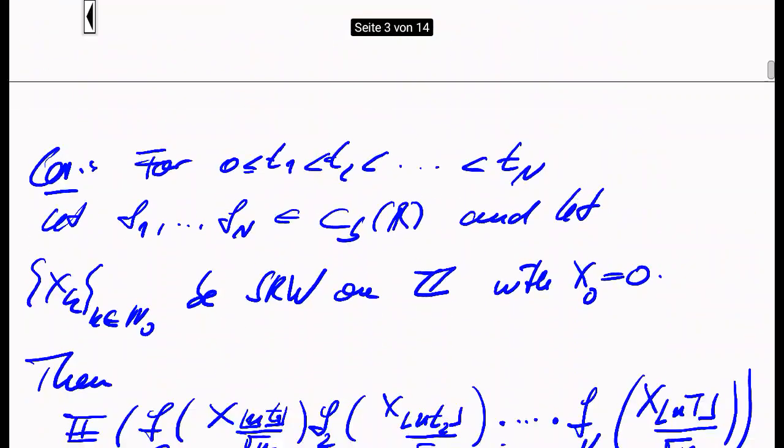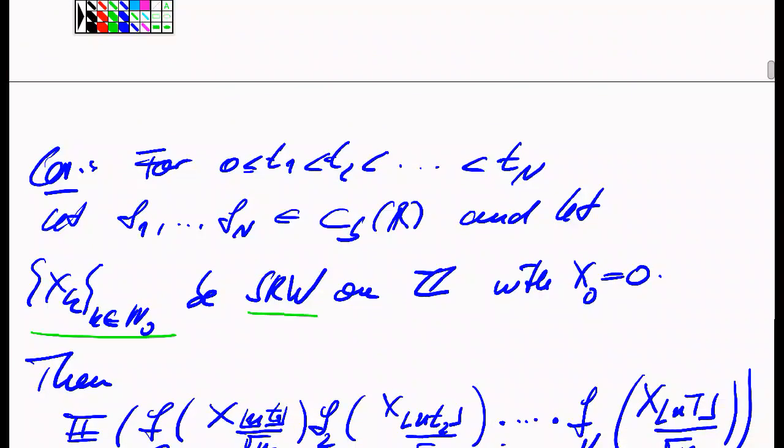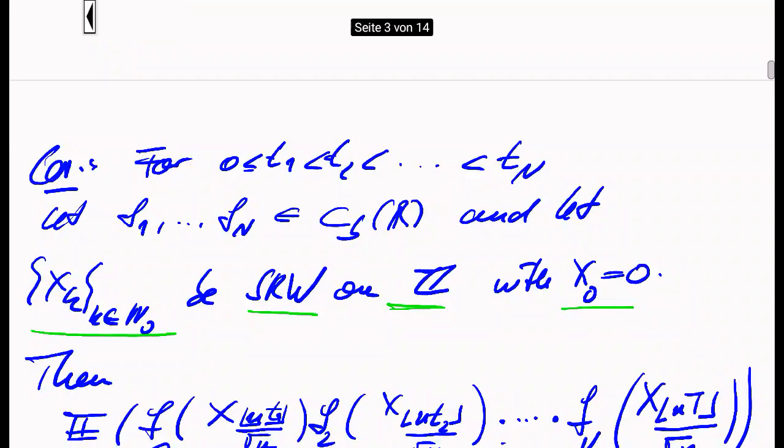So if you consider just the simple random walk on the lattice, the things that we have discussed already in the context of Markov chains, so it's just the motion of a Markov chain which has the integers as state space and which starts in 0 and which does an up or down movement at each moment of time, independent of the past, with equal probability.